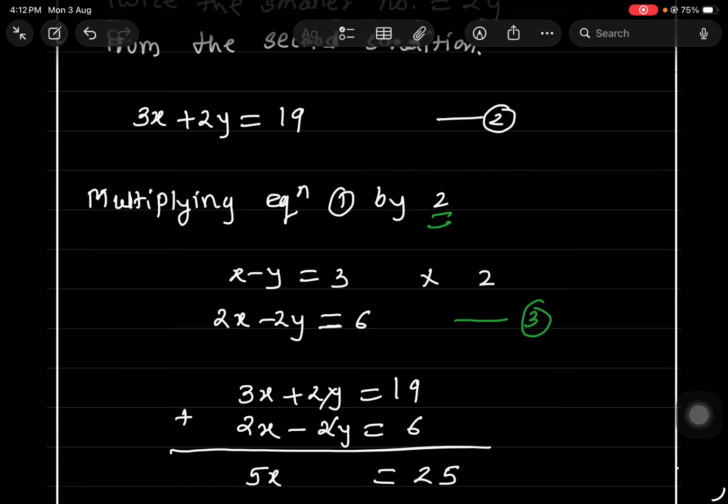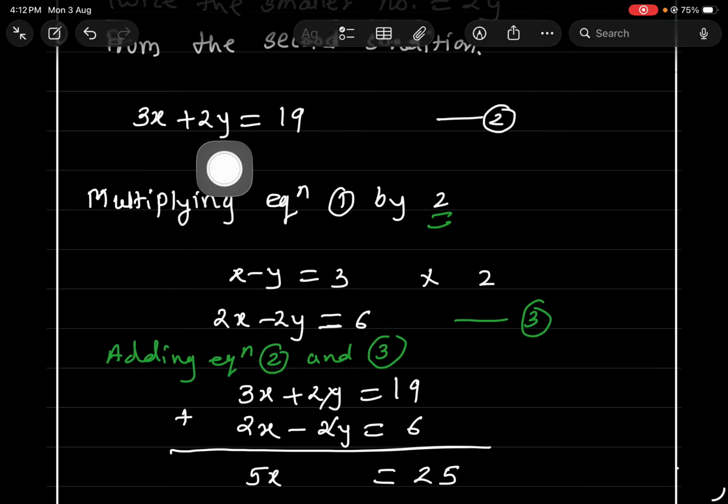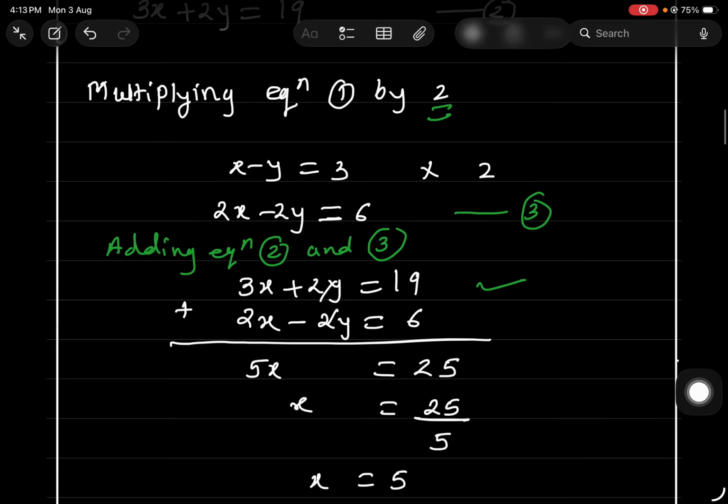Now adding equations 2 and 3. Equation 2 is 3x plus 2y equal to 19, and equation 3 is 2x minus 2y equal to 6.